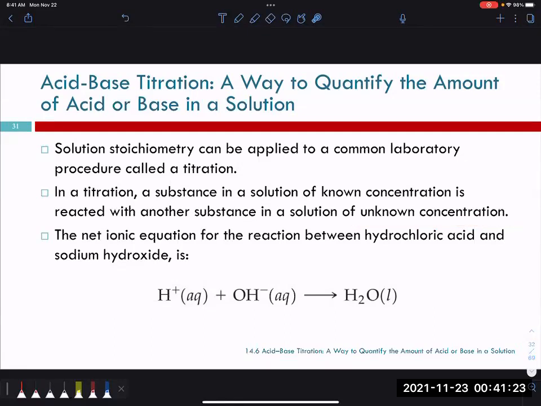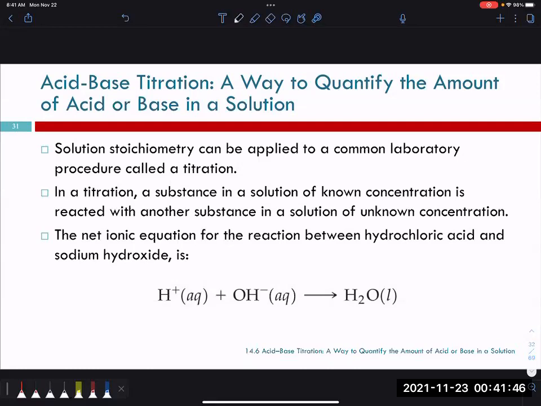So our net ionic equation for the reaction between, for example, hydrochloric acid and sodium hydroxide: we're adding protons, or it could be the hydroxide, we're adding the base, acid or base. And as those combine, they neutralize to form water.